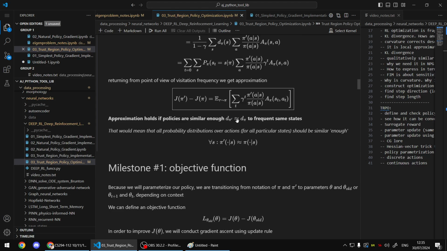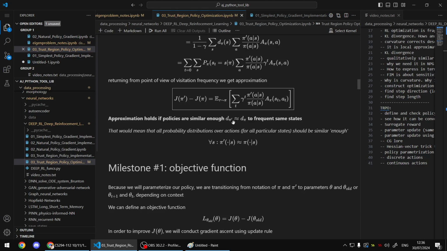We can return a bit to the question, what does it mean for the state visitation frequencies to be similar? Well, if you think about it, in order to visit the same states with the same frequency, it means that the policies take similar actions in the same states.